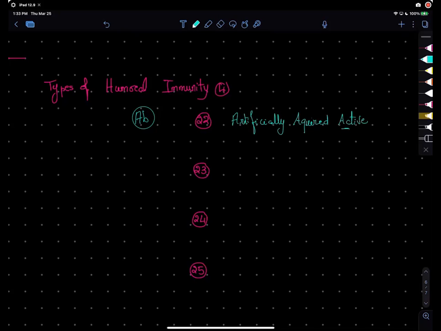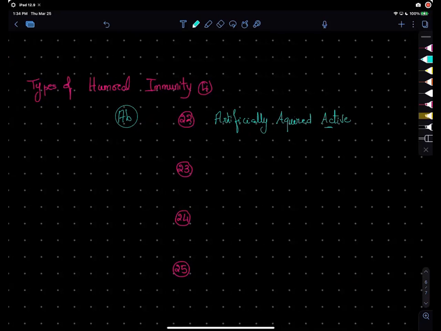The importance of having an active humoral immunity is that it's going to give me an immunological memory. So here, an artificially acquired active immunity is going to develop an immunological memory. This is like getting a vaccine.